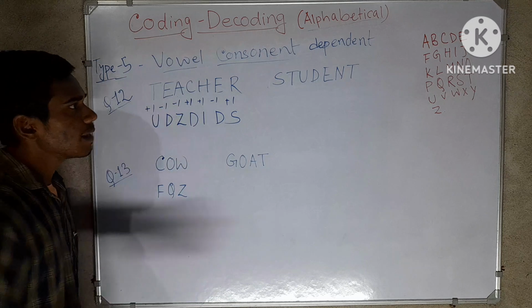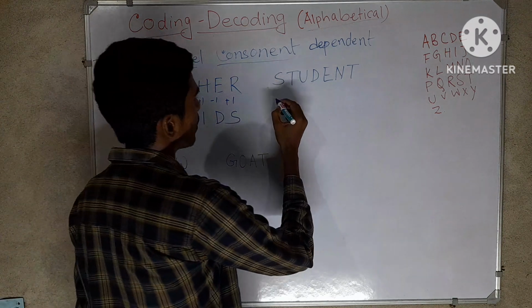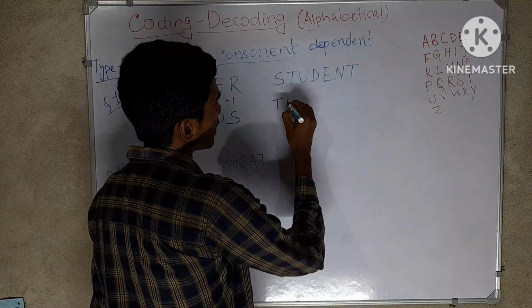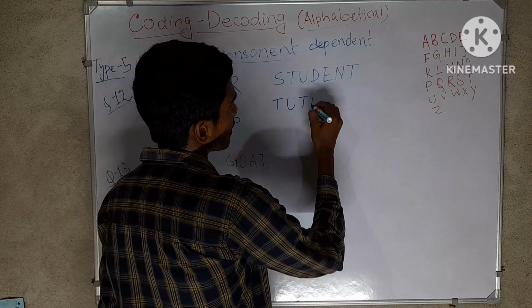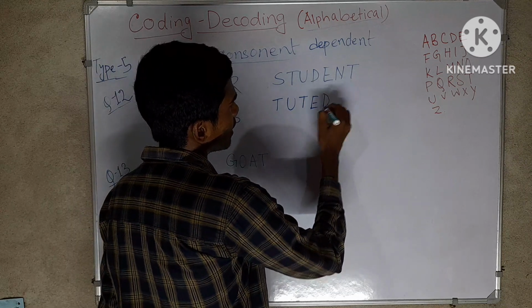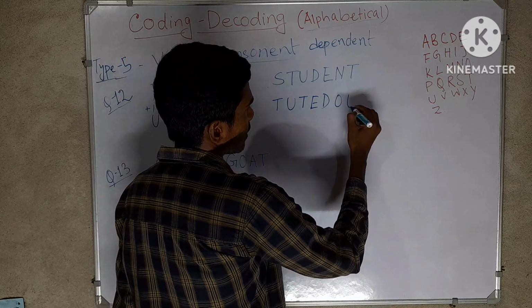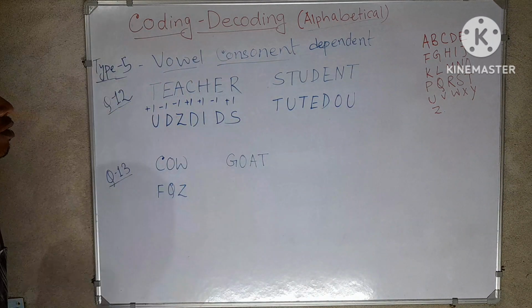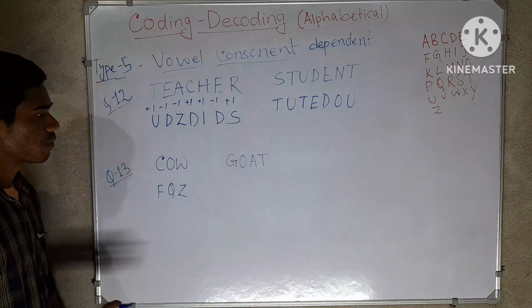In the same way, student is coded as S plus 1 is T, T plus 1 is U, U minus 1 is T, D plus 1 is E, E minus 1 is D, N plus 1 is O, T plus 1 is U. So the code for student will be TUTEDOU.